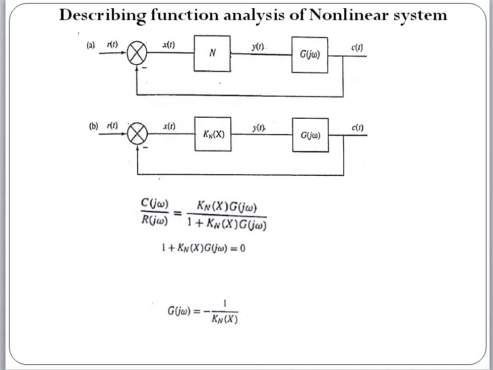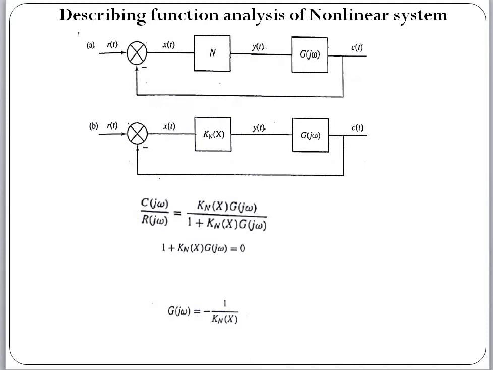This nonlinear element can be any element like saturation, dead zone, relay, etc. So by taking certain assumptions, we are replacing this nonlinear element with a describing function, Kn of X. Now our system is like this. There is a linear element, and there is a nonlinear element which is converted into a describing function. Then an input is given and the output is taken.